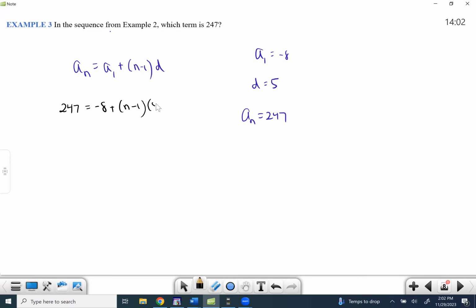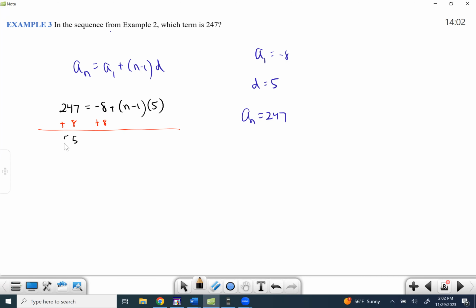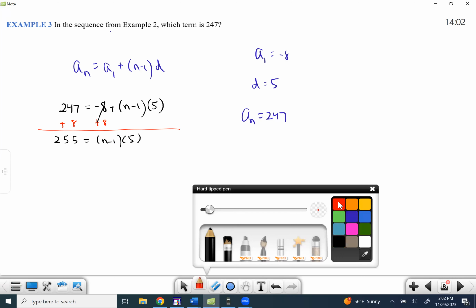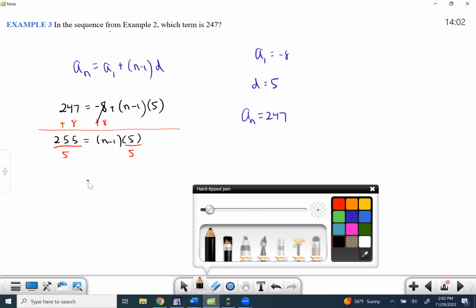So the first thing I'm going to do here is add 8 because I'm trying to get n by itself. So 247 plus 8, 15, carry the 1, 255. And I'm going to do something different than what we're used to. Normally we would think to distribute there, but I'm going to divide by the 5. So I think that's going to get us there faster.